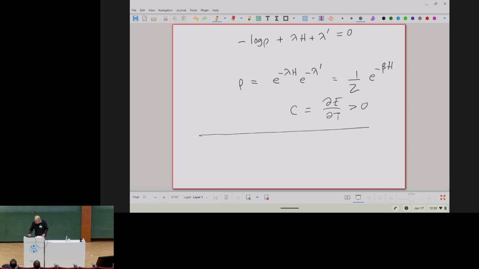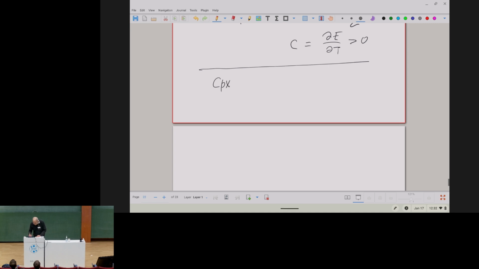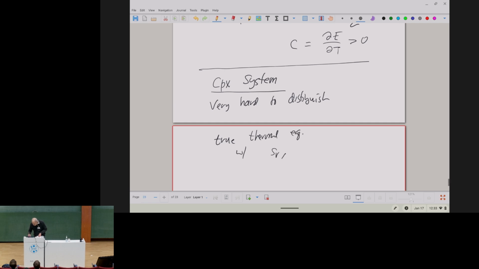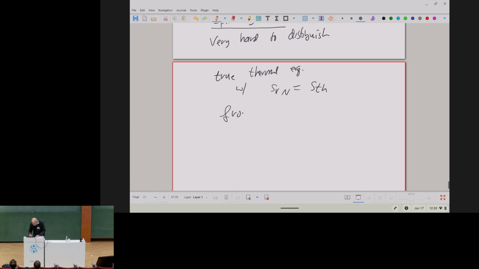Now, for a complex system, something that's very important, which I actually said in answering one of the questions about 15 minutes ago: for a complex system, it's very hard to distinguish true thermal equilibrium, in which the von Neumann entropy equals the thermodynamic entropy, from any generic state.